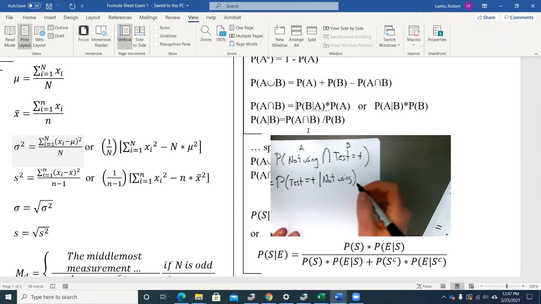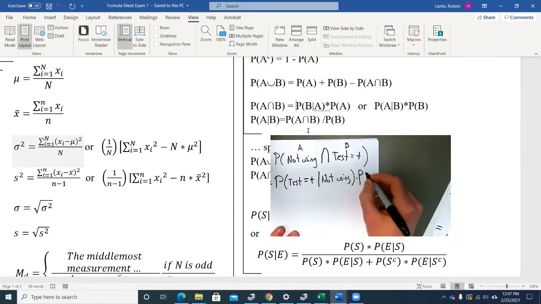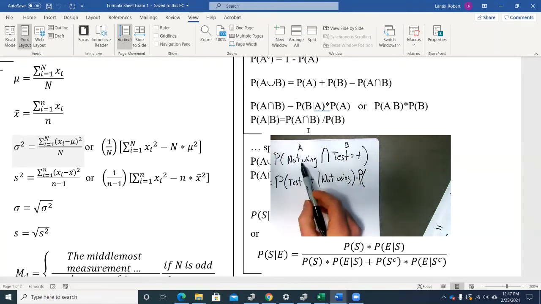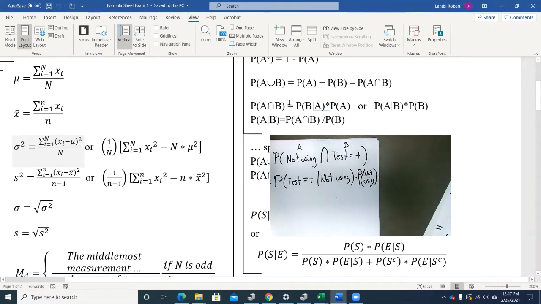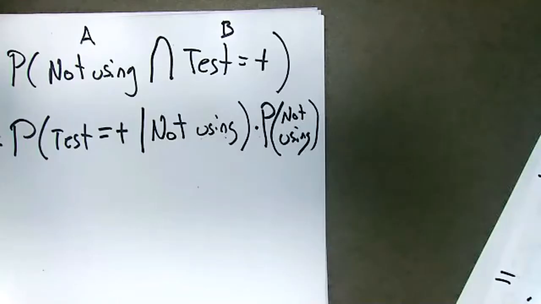And then I didn't leave myself a lot of room here, so I apologize, but multiplied by the probability of A, or what I'm conditioning on, is that they're not using. So we just wrote out this equation in the context of my example. I'll make this a little bit bigger so we can see that now.